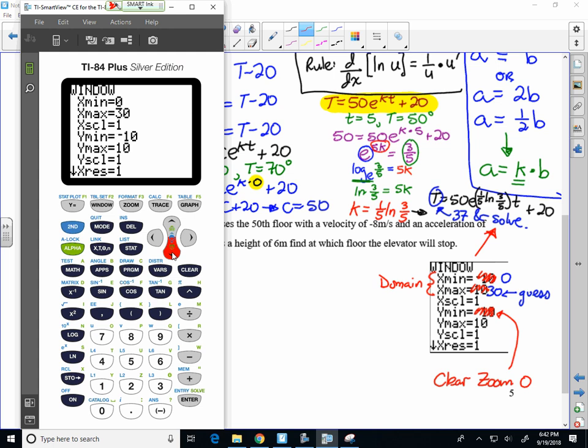It's going to change them both. But I do it in y min. Actually, I don't commit to doing it either way, really. I do it alternatively, whenever the spirit moves me. So go to y min, hit clear, so it blanks it out, then zoom 0.